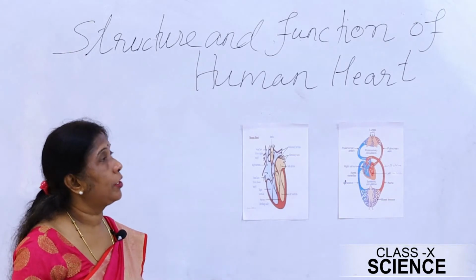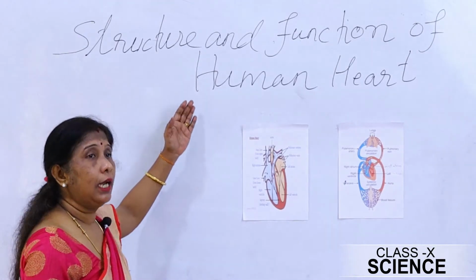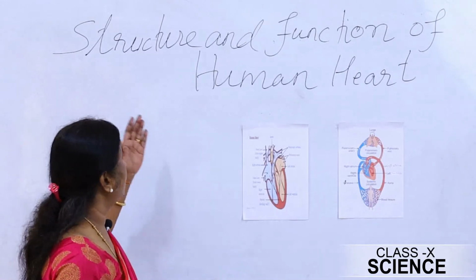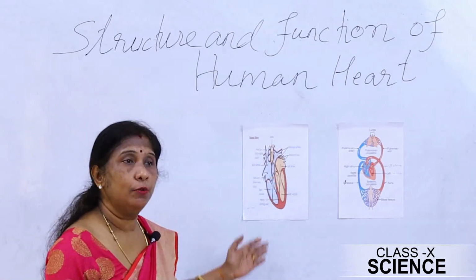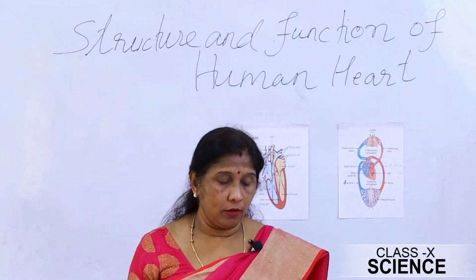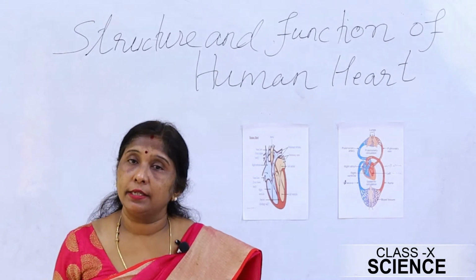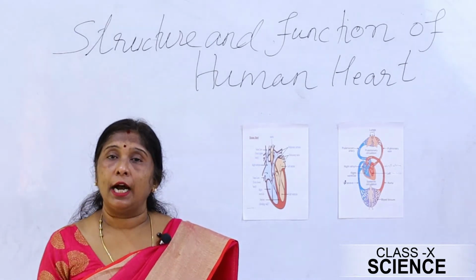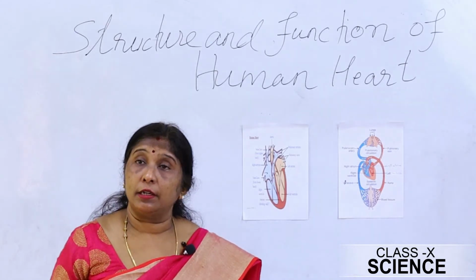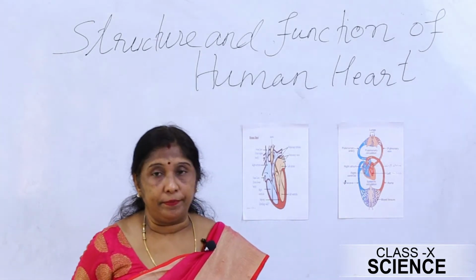The next very important component of the blood circulatory system is the heart. So we will be discussing the structure and function of the human heart. The human heart is a very important organ, and its most important function is the heartbeat. The heartbeat continues till the organism is alive.